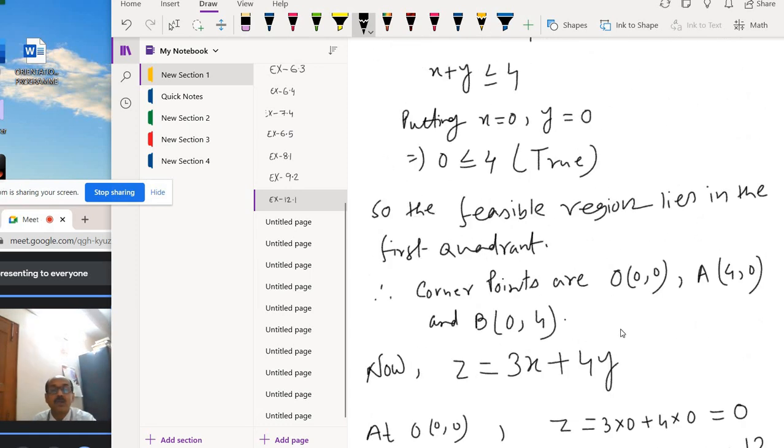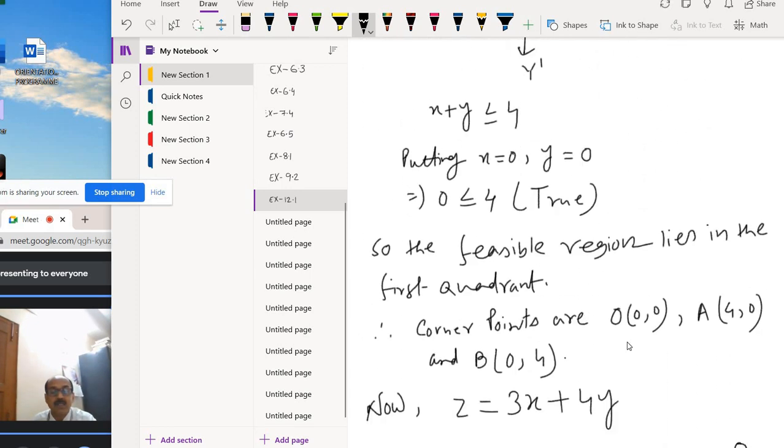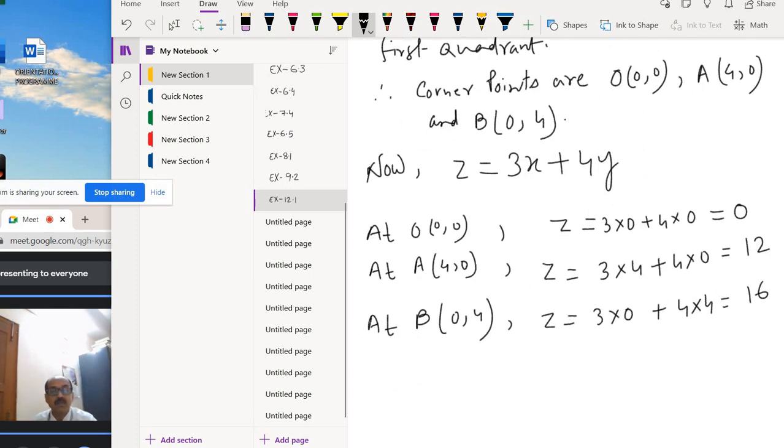Okay. So the question is to maximize z. Which one is maximum? Out of 16, 12 and 0, maximum is 16, at which point? (0, 4).